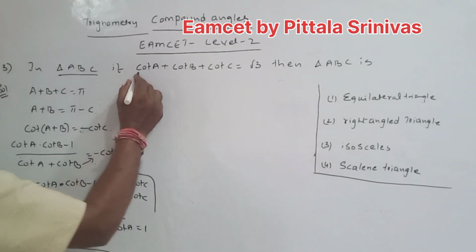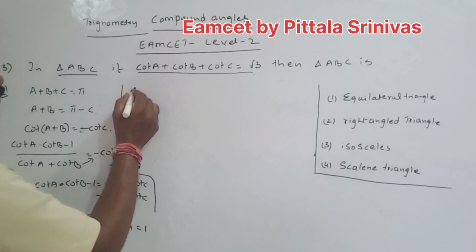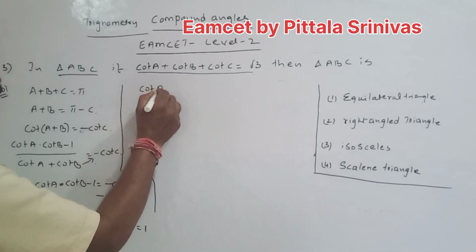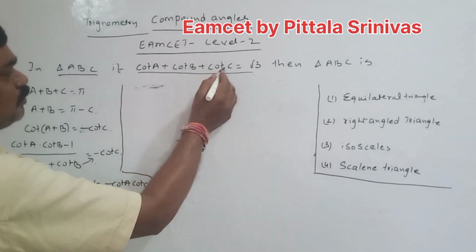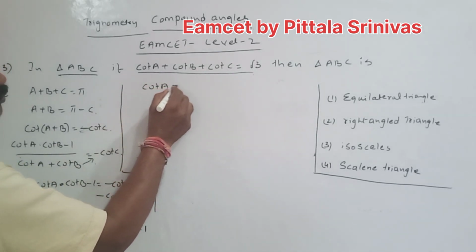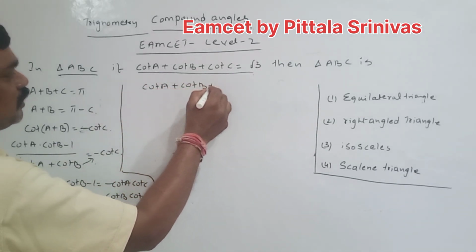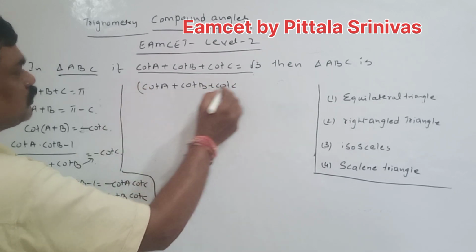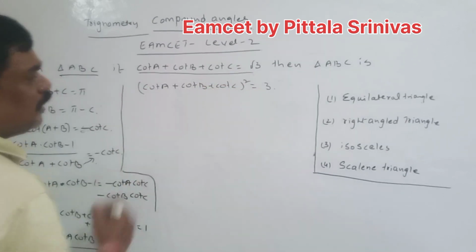And you take this one, that is cot A plus cot B plus cot C is equal to root 3. Then (cot A plus cot B plus cot C) whole square is equal to what? 3.